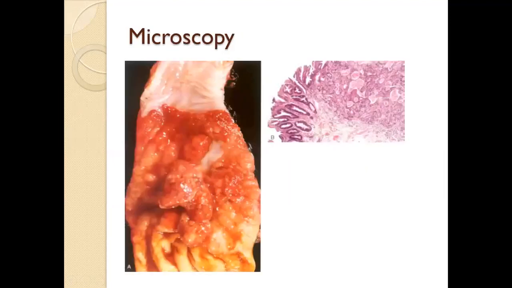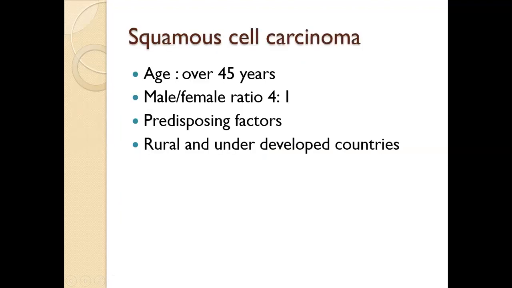Microscopically there are well-formed glands lined by malignant cells. This is the endoscopic appearance of adenocarcinoma. There is a well-formed mass in the lumen of the esophagus. So that is about adenocarcinoma.